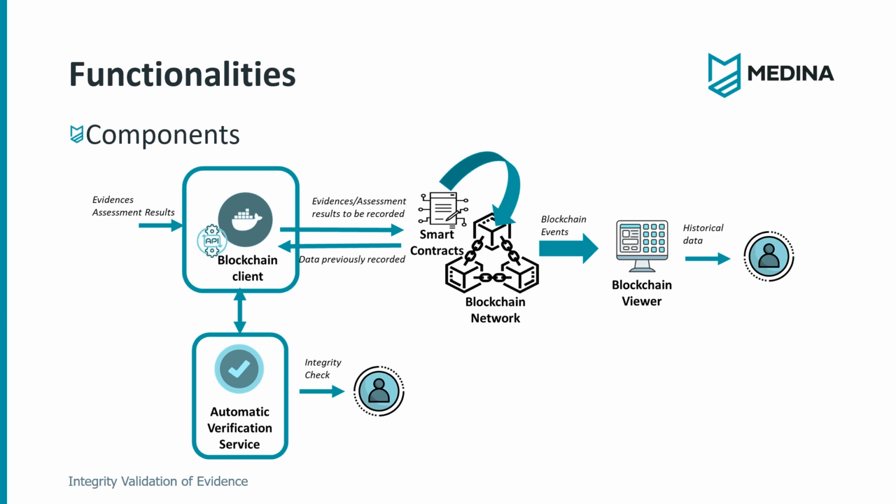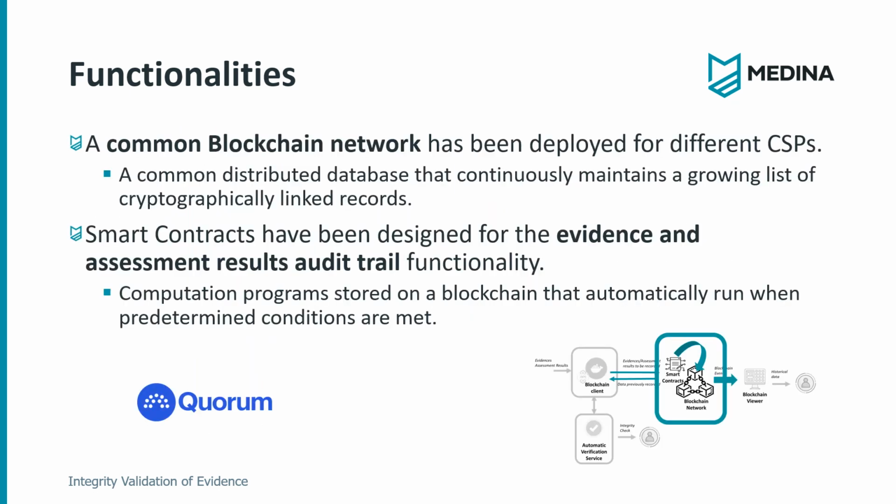This interaction can be direct from other components or from the automatic verification service, which provides automatic integrity checks of evidences and assessment results. Furthermore, the information recorded on the blockchain is also accessible through the blockchain viewer, which provides a Kibana-based dashboard for users. Let's now see what functionalities each subcomponent provides.